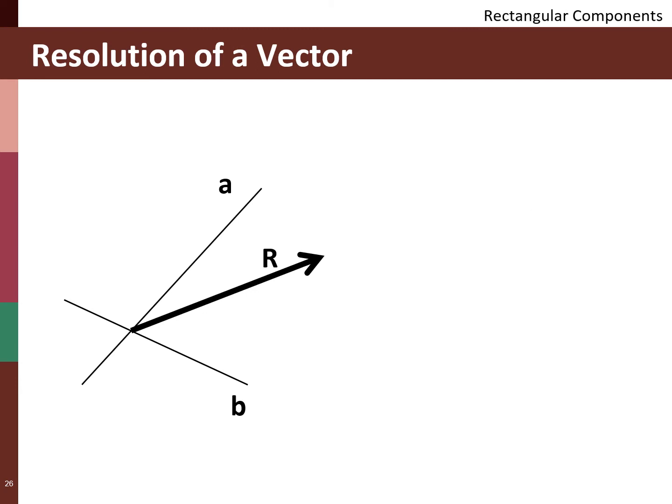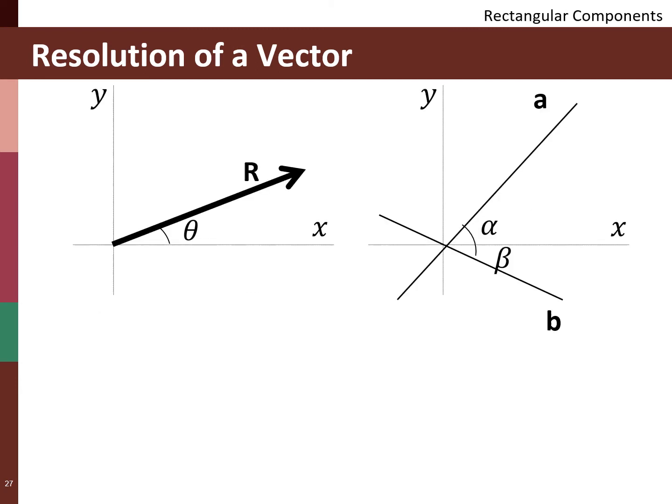Using rectangular components, we equate the x and y components of R to the sum of the respective x and y components of the forces about the A and B axis. The components about the A and B axis should envelope R as shown.